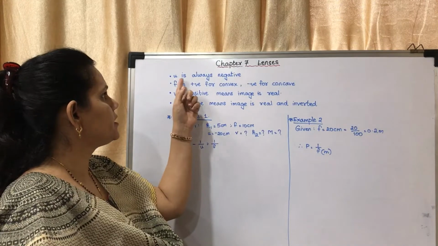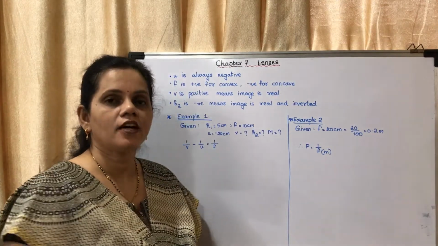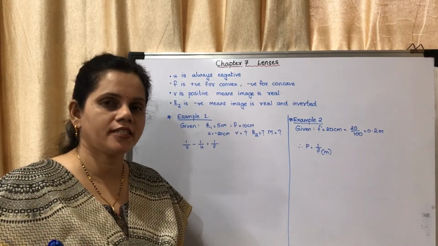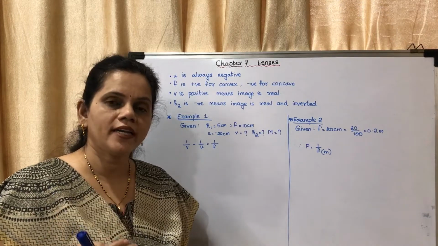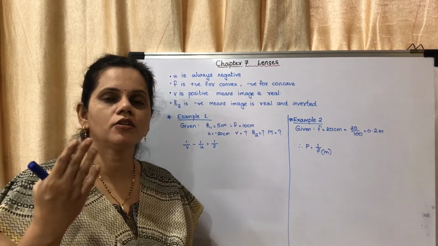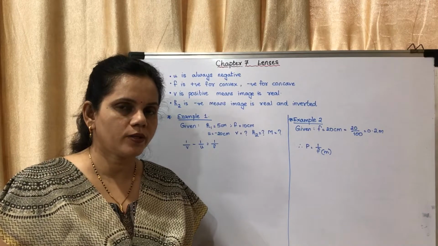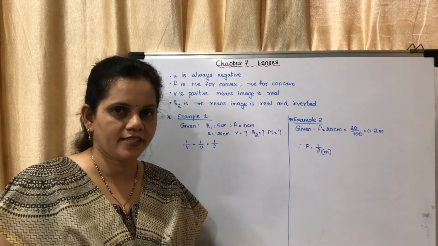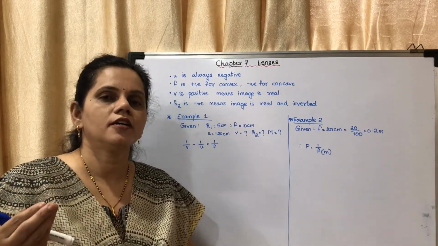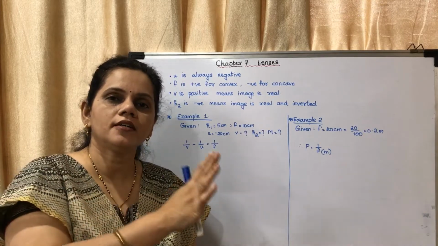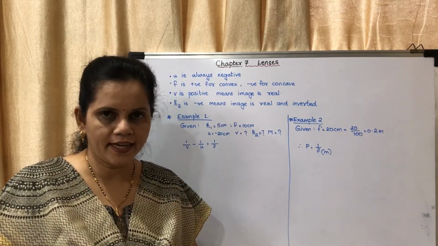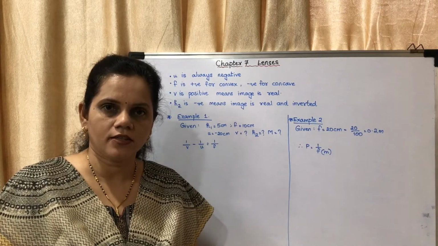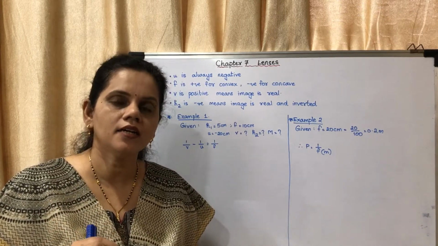The first point is U is always negative. What is U? U stands for distance of the object. Why is it always negative? Because you always draw the object towards the left hand side. Do you remember when you draw the ray diagrams, you draw the object towards the left hand side of the x-axis, and O is taken as the origin.